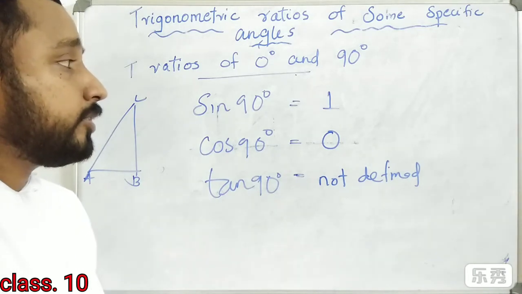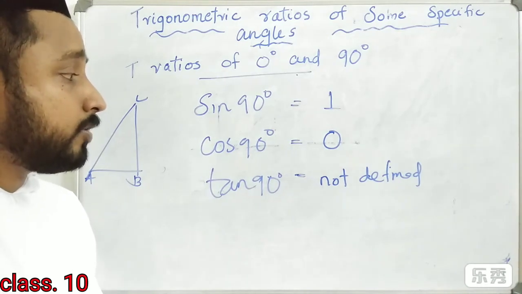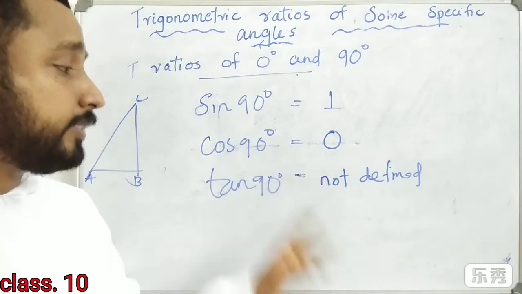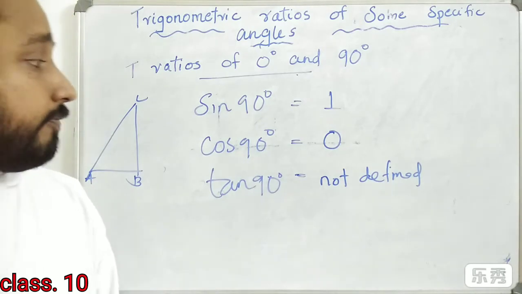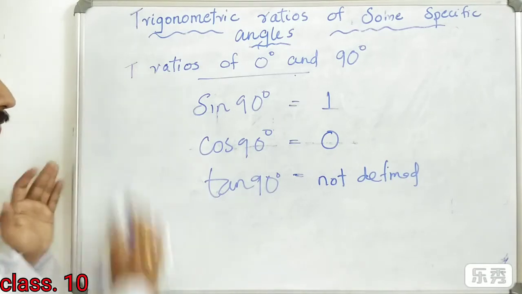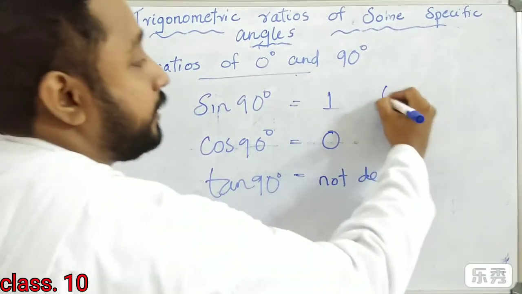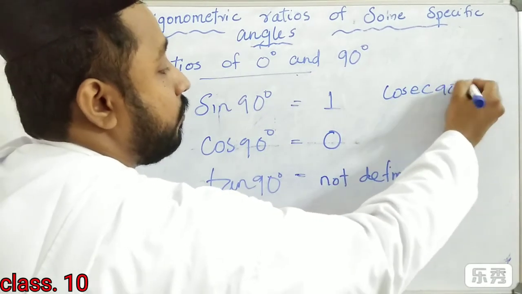Like that, sin 0 is 0, but sin 90 degree is 1. Cos 90 is 0, but cos 0 is 1. Tan 90 is not defined because sin 90 by cos 90 is tan 90. Therefore, that is not defined. So, sin 90 is 1, cosec 90 is also 1.